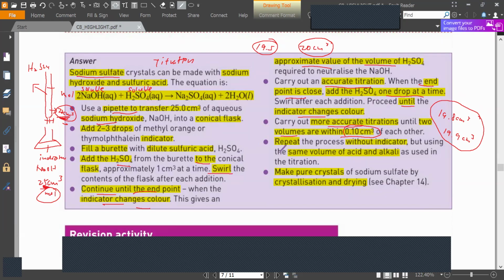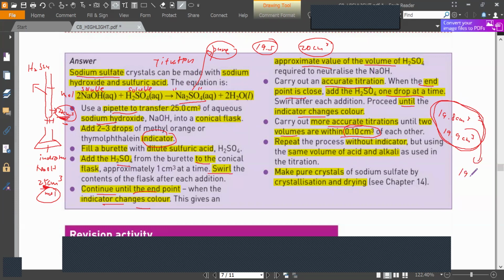Because our objective is to form these salts, sodium sulfate, we want a pure product. Even if we have the indicator, it's still not a pure product. So now we already found the accurate answers, 19.8 and 19.9.